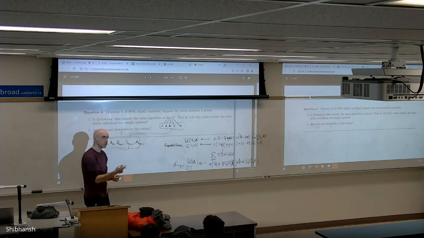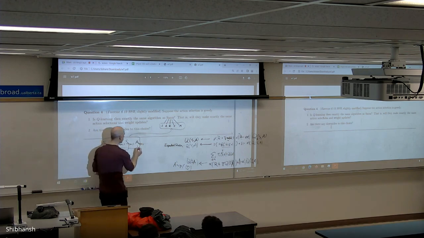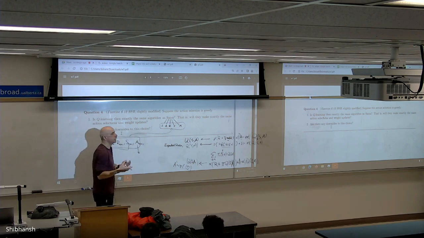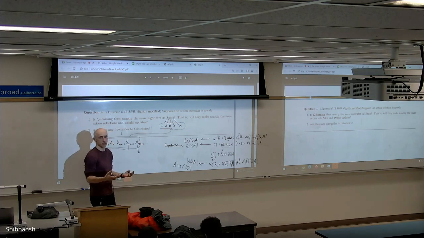OK, so if you want to apply expected SARSA, then you also need to save the probabilities for all of these actions. These probabilities would be just saved for this next state. So as you go, for every state that you visit, you compute a policy. Maybe it's epsilon greedy. And then you record the corresponding probabilities.